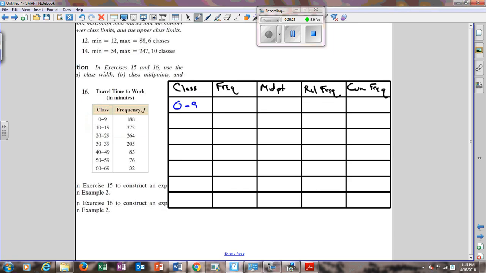So our classes are from 0 to 9, 10 to 19, 20 to 29, 30 to 39, 40 to 49, 50 to 59, and 60 to 69. Frequencies: 188, 372, 264, 205, 83, 76, and 32.